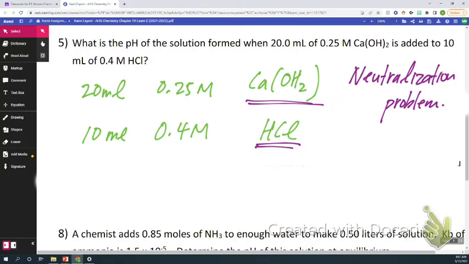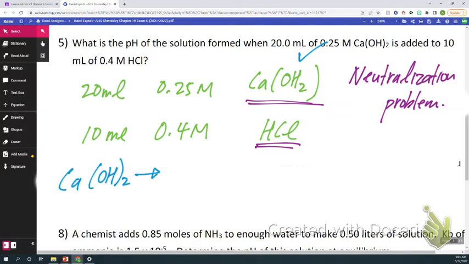Remember, if you end up with the base winning, if you negative log that, that's pOH. You have to subtract from 14 to get the final pH. So the tricky thing about this one was that this is OH with a 2. So it's going to create 2 OH minuses, right?